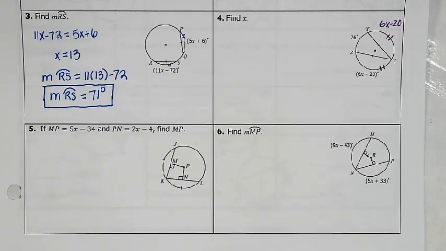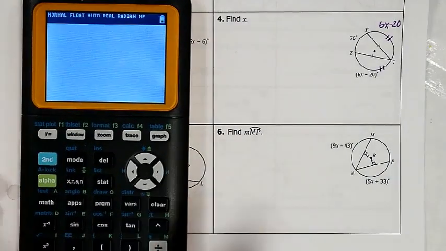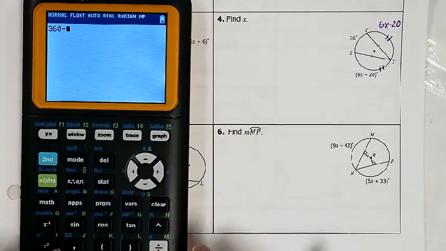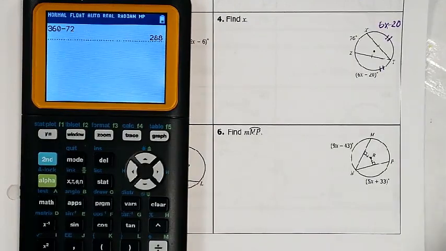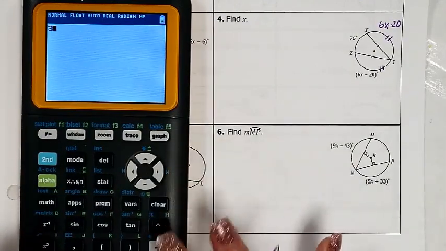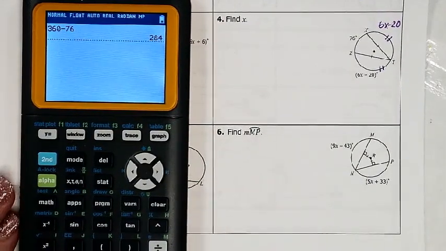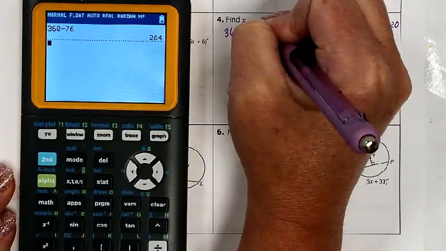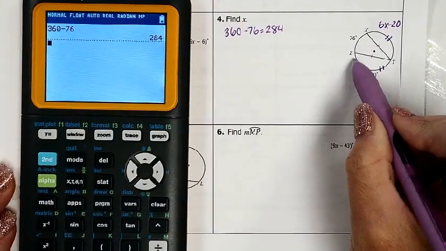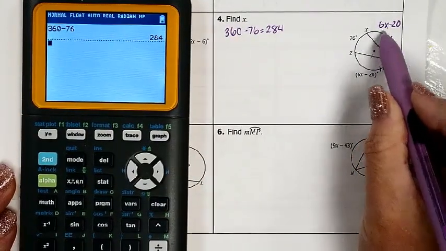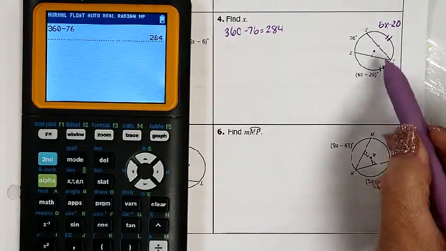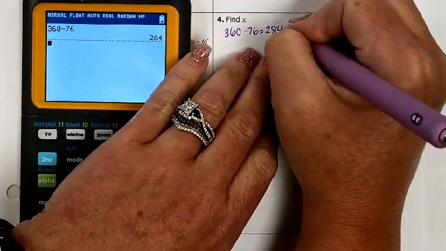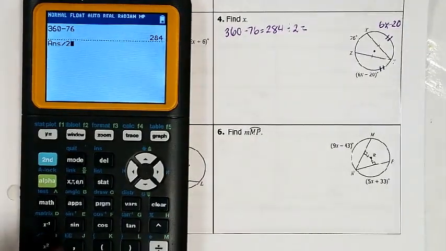Or how I'm going to do it, so I know that altogether is 360, so if I do 360 minus 76, I get 284. So that means these two arcs combined are 284. Well, if they are the same measure, divide that by 2, and we get 142.